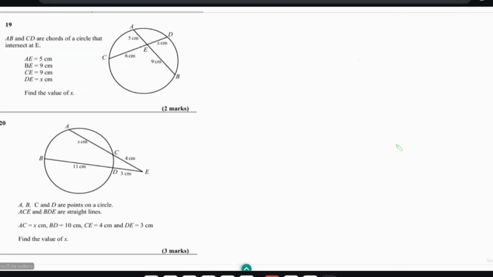Okay, let's just have a look at some exam questions. Find the value of x. So I'm going to label that P. We've got AP, CD, that's fine. AP times PB is equal to CP times PD.